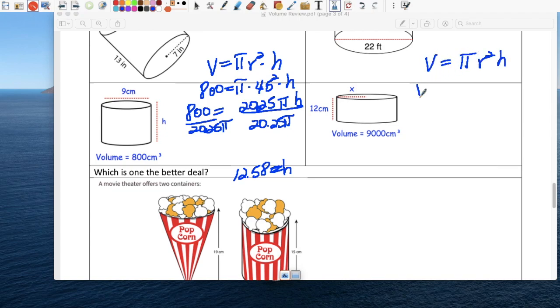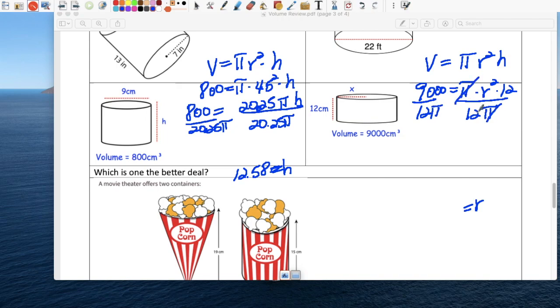This one we want the radius, so what's the volume that they tell us? The volume is 9,000, so pi r squared we're going to leave alone, and the h is 12. We want to find r, so we've got to get rid of the pi and the 12, so let's divide both sides by 12 pi.